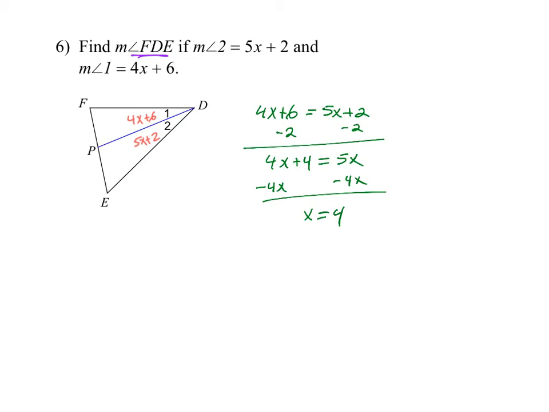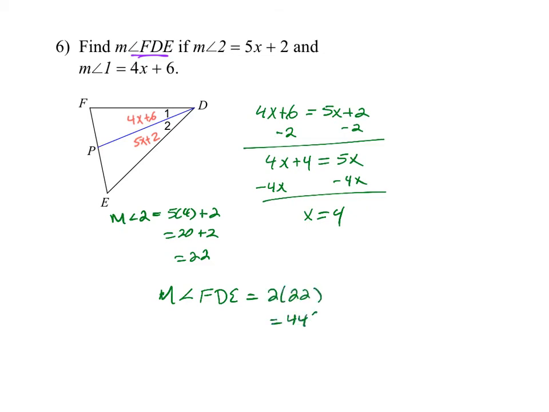I'm going to plug that back in. The measure of angle 2 equals 5 times 4 plus 2, so 20 plus 2 is 22. That means the measure of angle FDE is twice 22, which is 44 degrees. If I plug in 4 here, I have 4 times 4 is 16, plus 6 is 22 also.